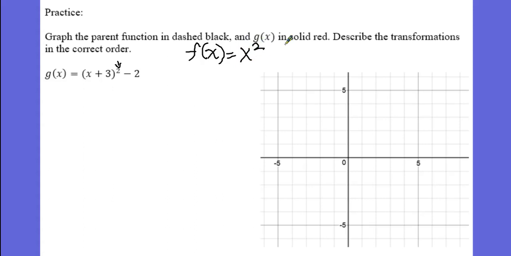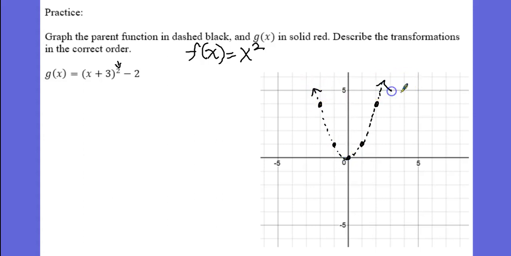Okay, so we have to be able to identify that it belongs to that family, and then you have to graph the parent function, which has points at 0, 0, 1, 1, 4, 2, and then reflect those, of course. Dashed line here, because that's not really what we're supposed to be graphing.